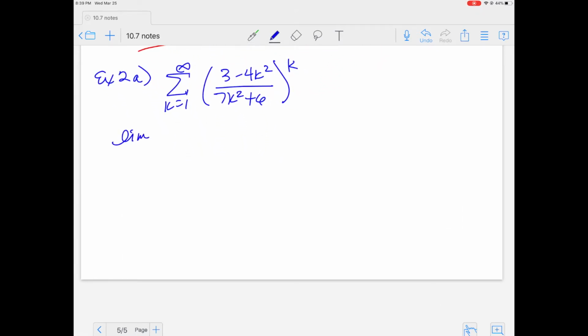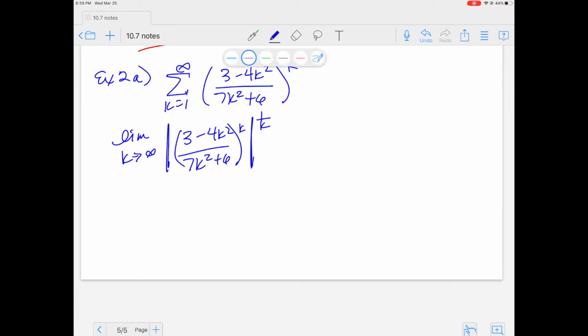So let's do it right now. I'm going to take the limit as k approaches infinity of 3 minus 4k squared over 7k squared plus 6, to the k. All of this is to the 1 over k power. Now, when you have a power to a power, you multiply. K times 1 over k cancels out. And that's the beauty of this test.